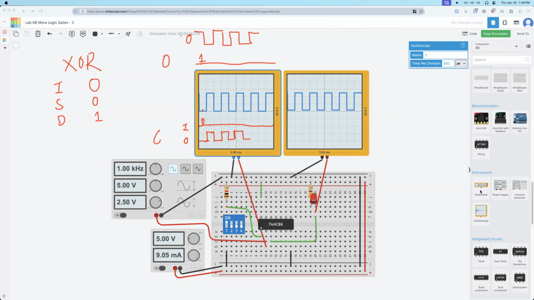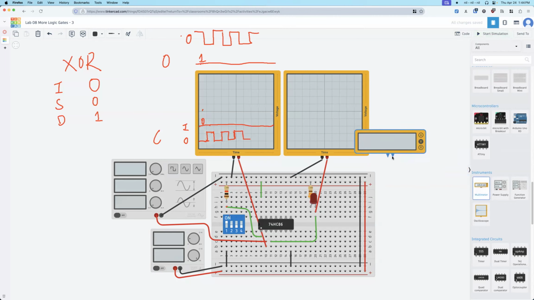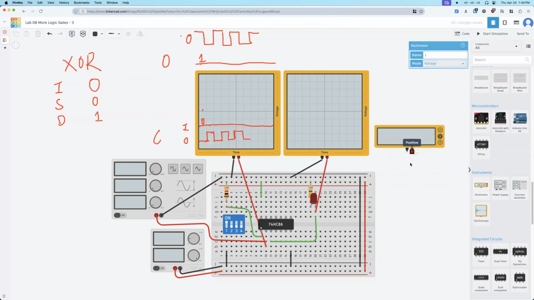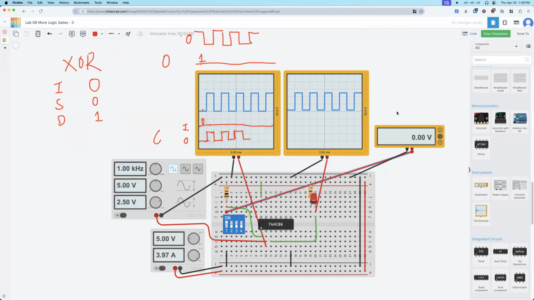Okay, so let me double check this. Let me use the meter. So positive goes to the input side. Negative just goes to ground. Let me play. Yeah, so this is 0, 5.